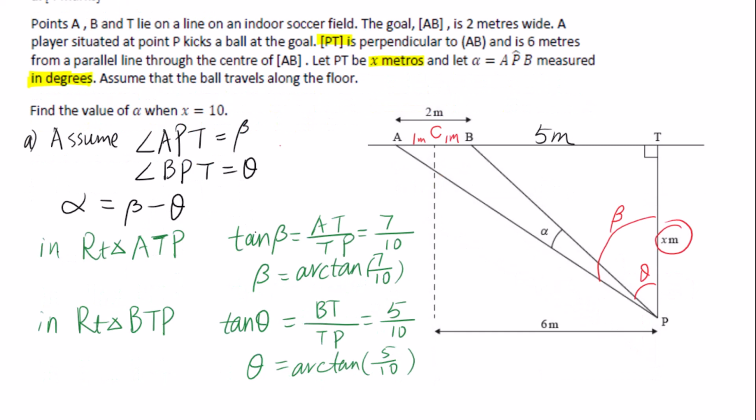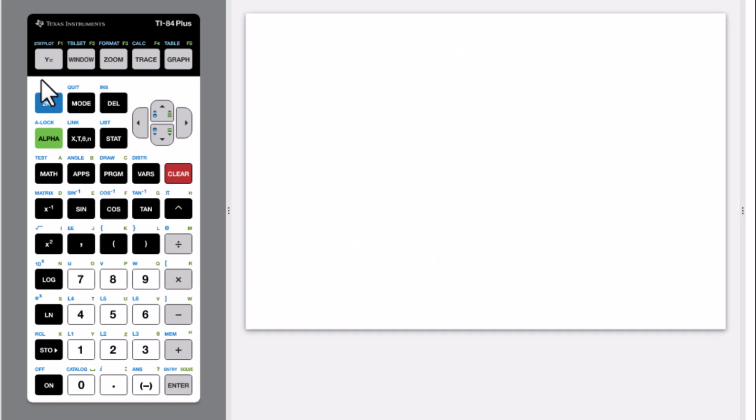So theta equals arc tangent 5 over 10. Go to calculator. So alpha equals arc tangent 7 over 10 minus arc tangent 5 over 10.